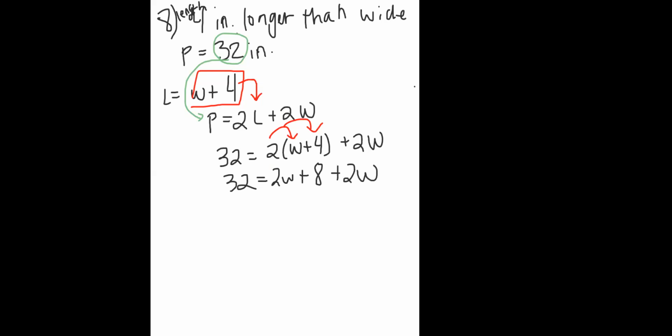Combine your like terms. The 2W's give you 4W plus 8 equals 32. Subtract 8 to get 24 equals 4W, and then divide by 4.